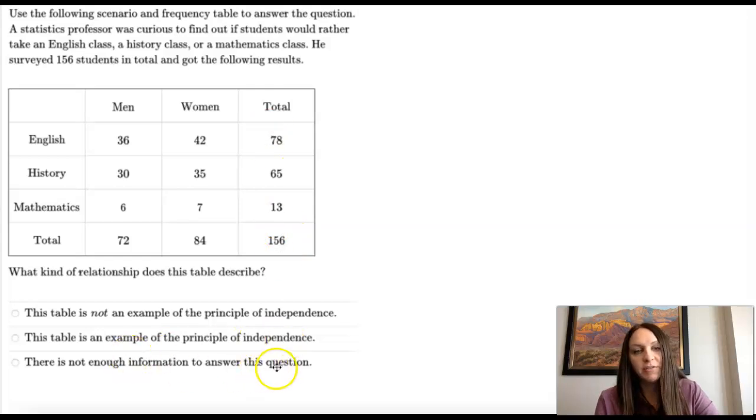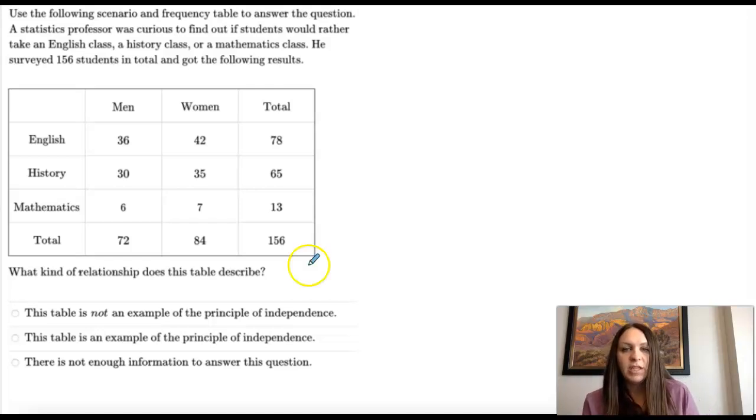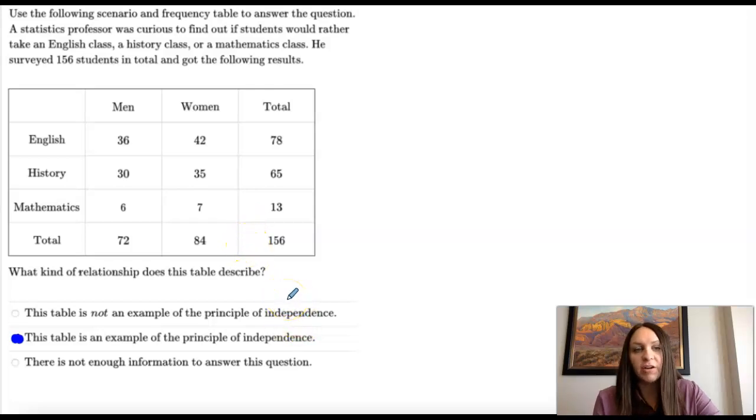So there is enough information to tell, and this is actually an example of the principle of independence, because it doesn't matter if they're taking history or math or English. If they take history, they can still take English. If they take math, it's sad, the numbers for math are low, they can still take other subjects. So they're all not related, so they are independent.